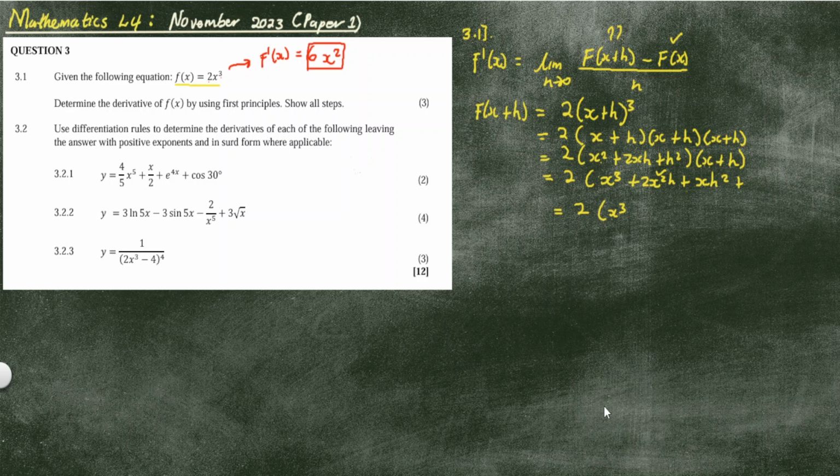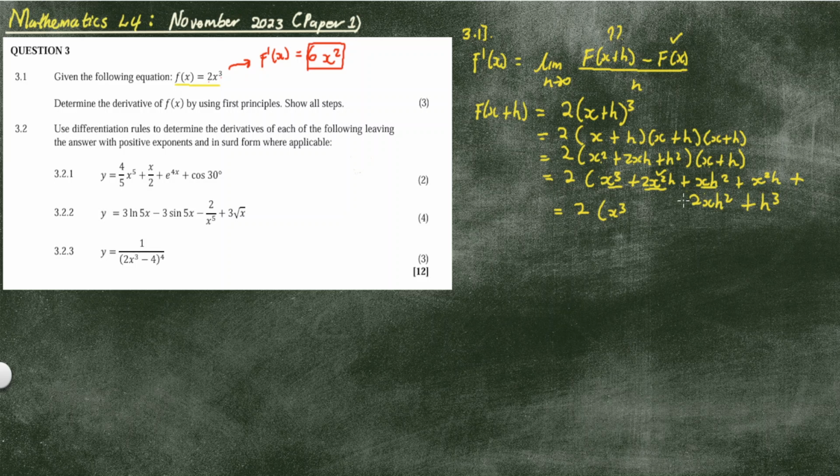Alright, so x times this gives this, and this times this gives this. This times this should give me an x squared h. This times this should give me a 2xh squared, and then this times this should give me an h cubed.